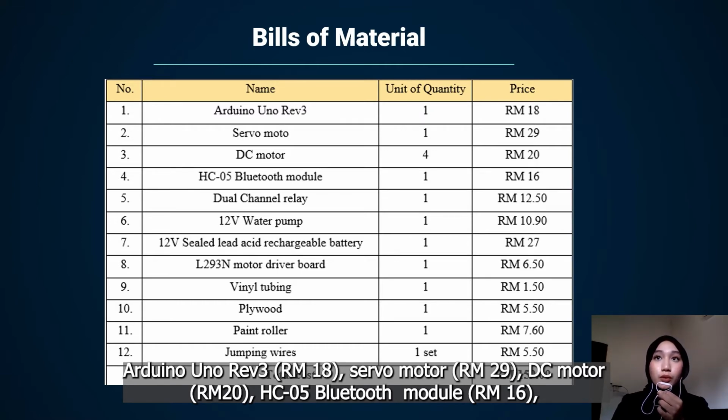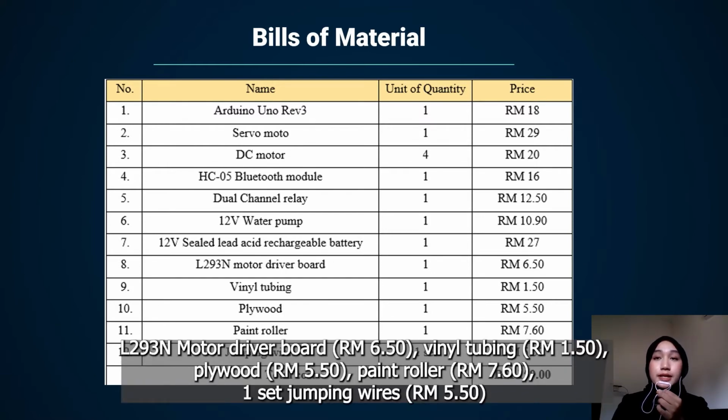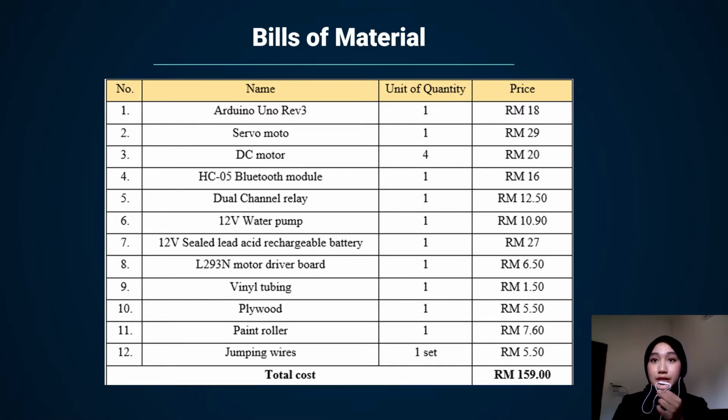The next one is the servo motor for 29 ringgit, DC motor for 20 ringgit, the Bluetooth module for 16 ringgit, dual channel relay for 20 ringgit 50 cents, the water pump for 10 ringgit 90 cents, the rechargeable battery for 27 ringgit, motor driver board for 6 ringgit 50 cents, vinyl tubing for 1 ringgit 50 cents, plywood for 5 ringgit 50 cents, the paint roller for 7 ringgit 60 cents, and the last one is the jumper wires, which only cost 5 ringgit 50 cents. And the total cost for this cleaning robot is 159 ringgit.